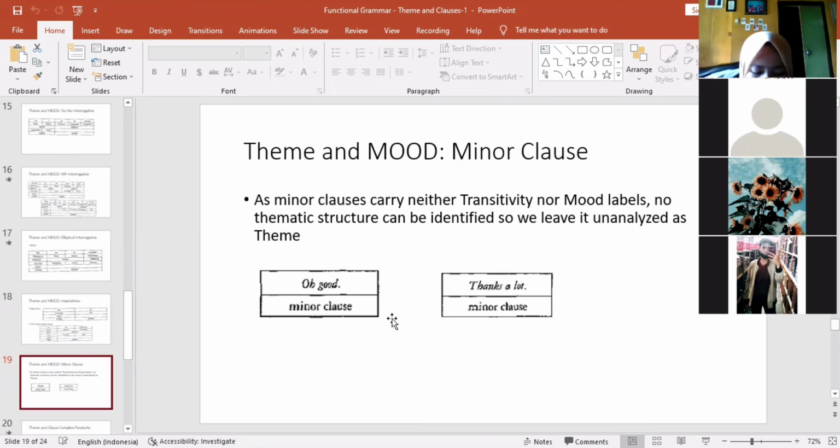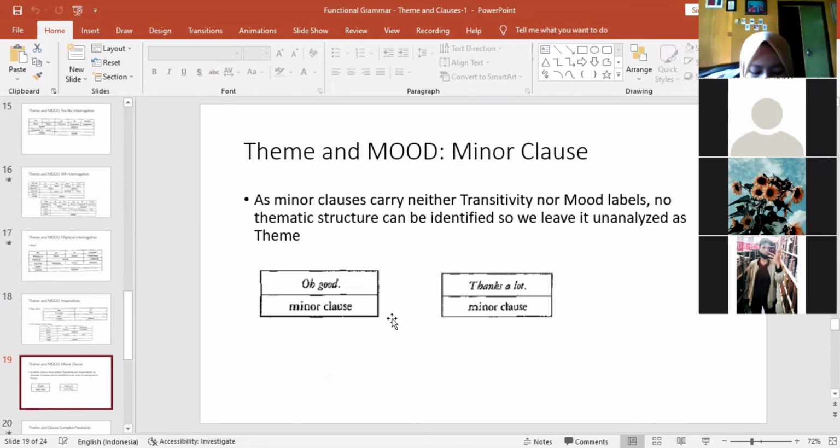A minor clause is a sentence that is not included in the category of transitivity and mood because it doesn't have a thematic structure, which makes it unable to be analyzed as a theme. The thematic structure itself, as we know, is a sentence that has a subject and a finite.